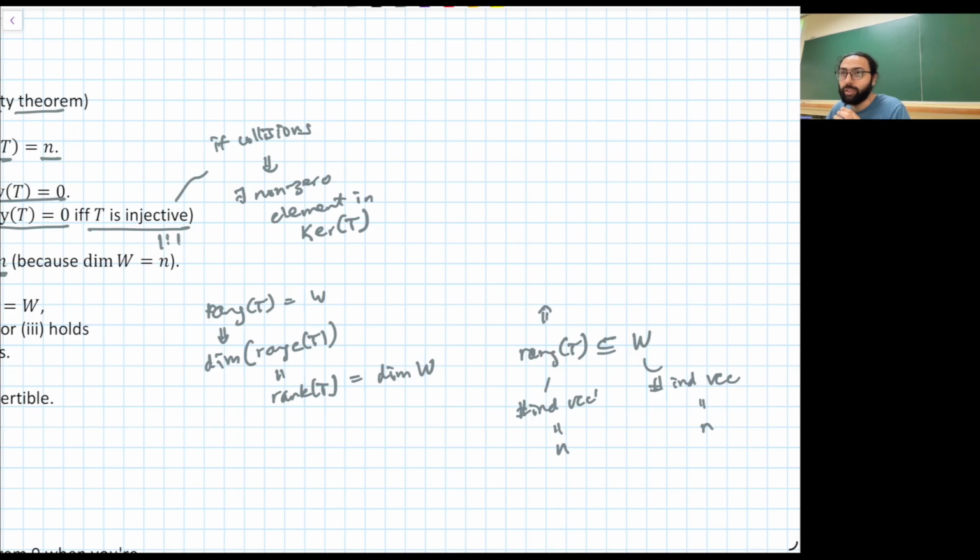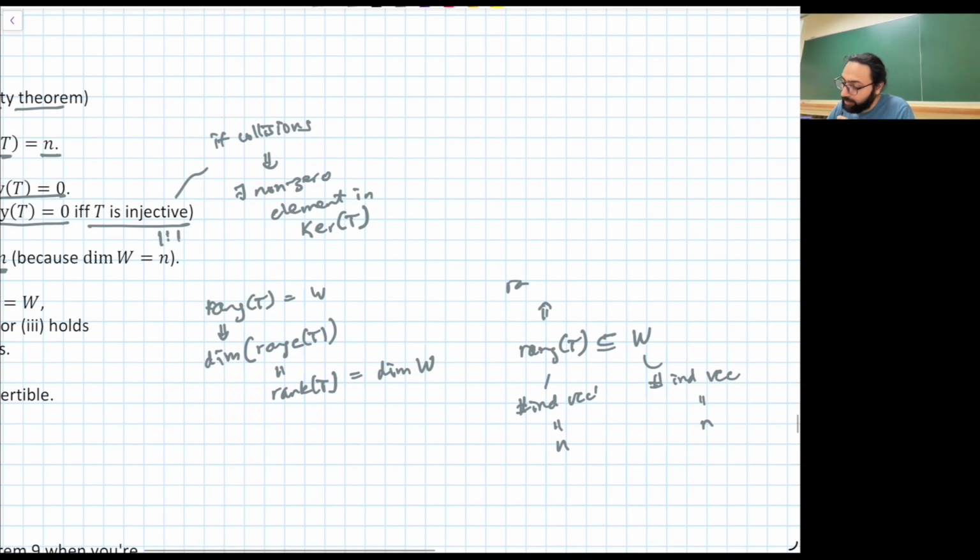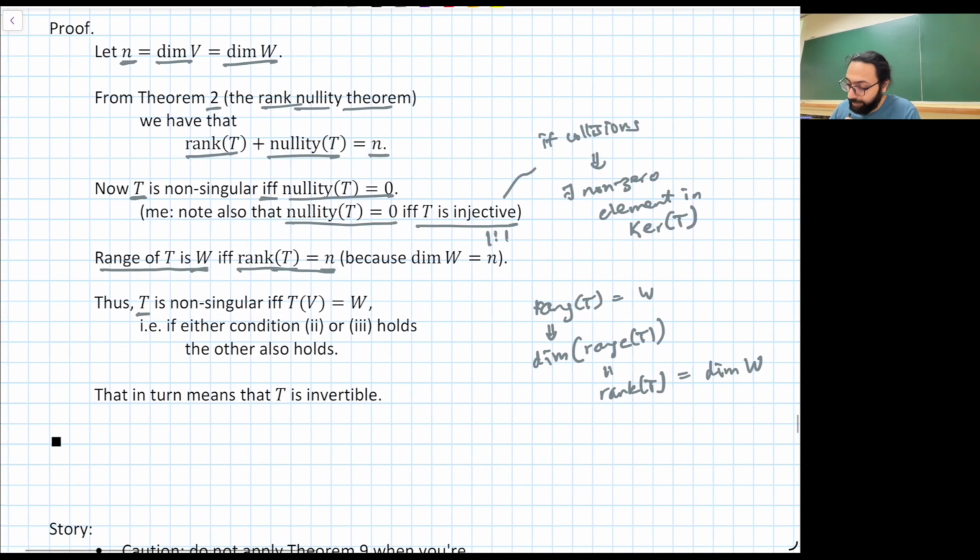So it cannot be a strict subspace, because it would have to have one less linearly independent vector. It's one of the lemmas we proved earlier: you cannot have a strict subspace with the same number of linearly independent vectors. So that would imply that the range of T actually matches W. That's the other direction.